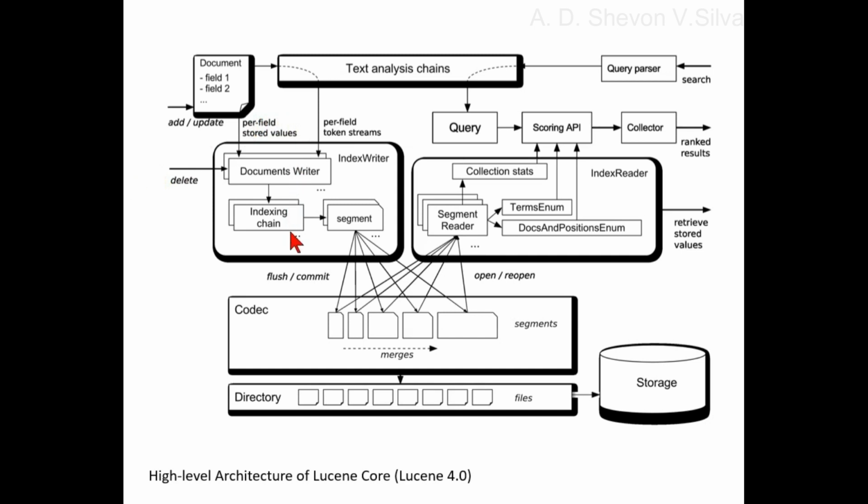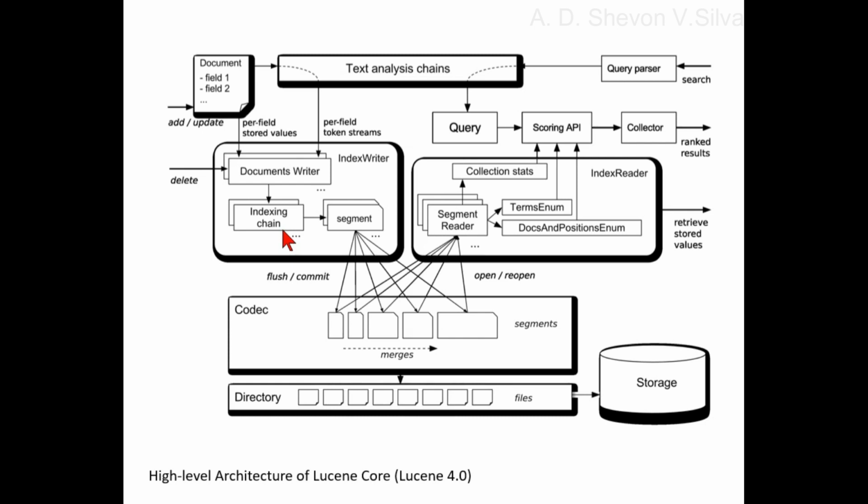Index chain. The resulting token stream is finally processed by the indexing chain, and the supported attributes, term values, position, offset, and payload data are added to the posting list for each term.